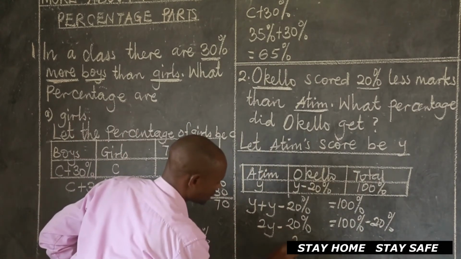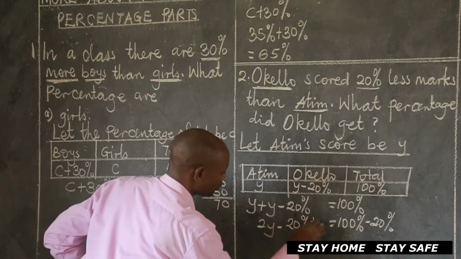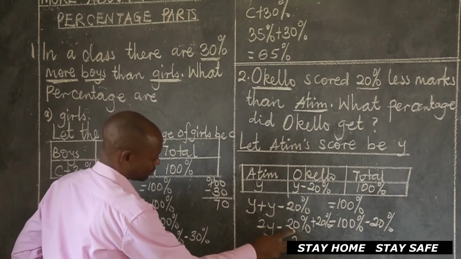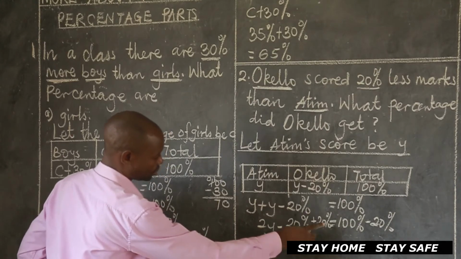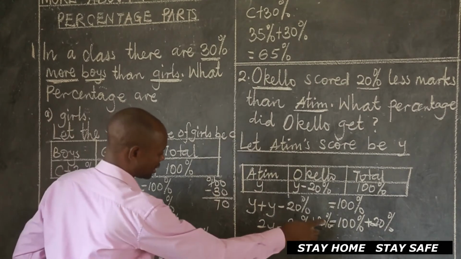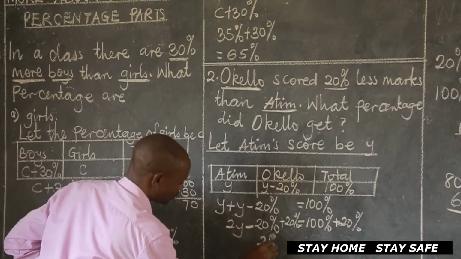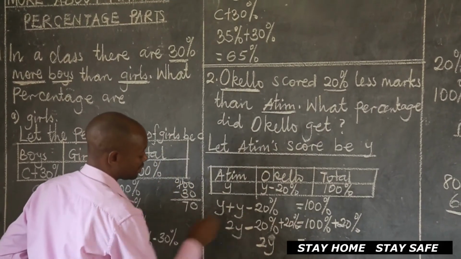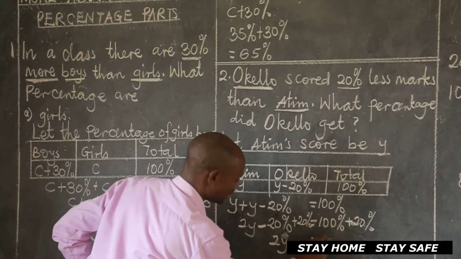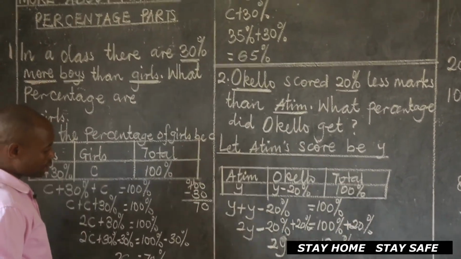So this one we shall get, we are eliminating this one, so this one is 20%. 2Y minus 20% plus 20% is equal to 100%, then plus the 20%. So this and this one already eliminated. We have 2Y is equal to this and this, 0. When we get 100, we add on 20, we get 120%.